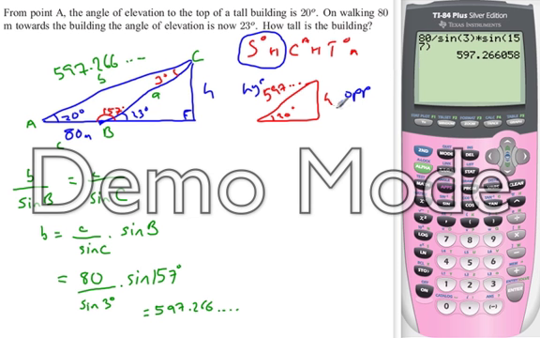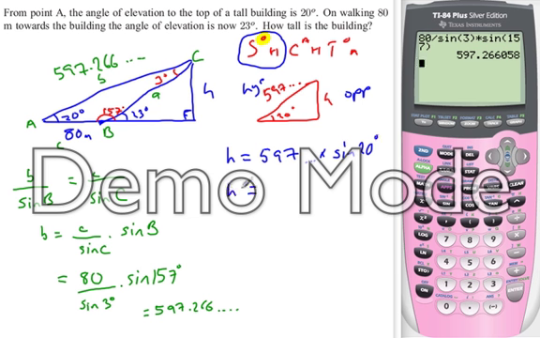Now, if I'm working out the opposite side, that means I'm going to do sine of the angle times the hypotenuse. So h, the opposite, what I'm trying to work out, equals the hypotenuse, 597, times the sine of 20 degrees.